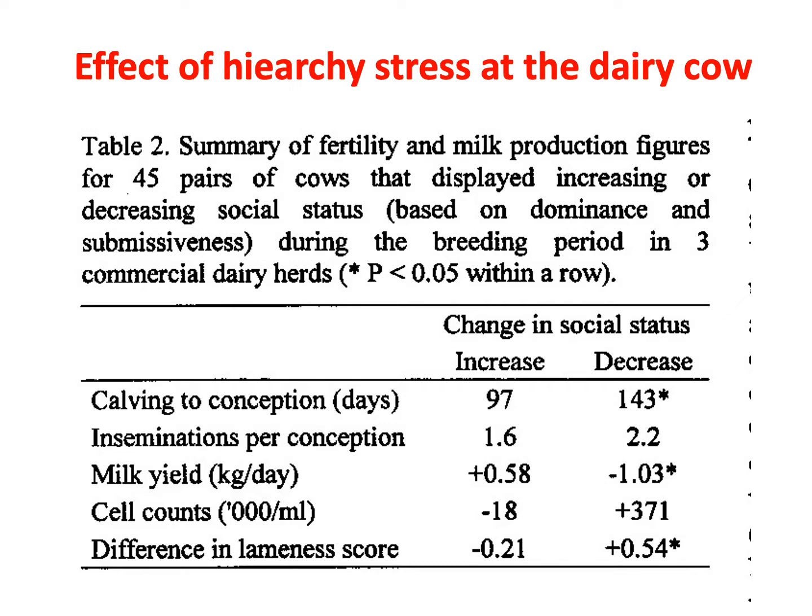And you see that even the fine reproductive traits like calving to conception days, insemination per conception, milk yield, cell count, and lameness score are significantly different, and any time is worse in case of the low social status.